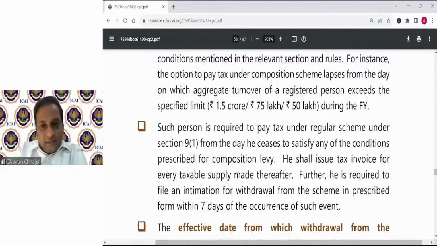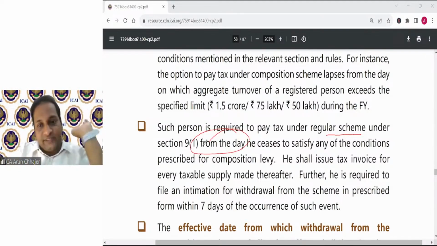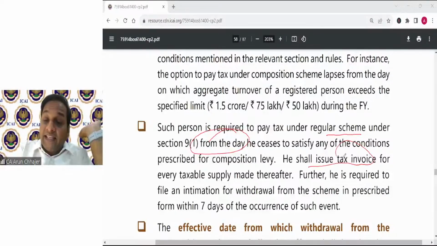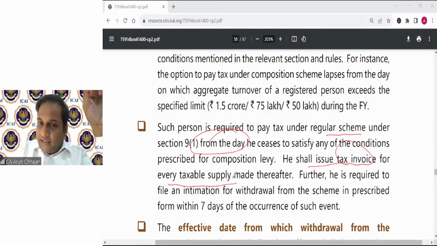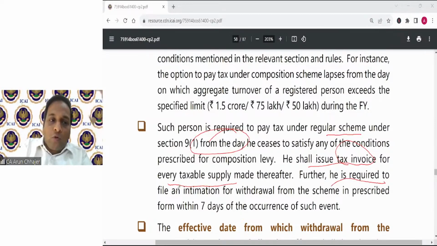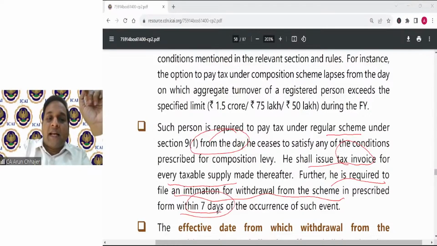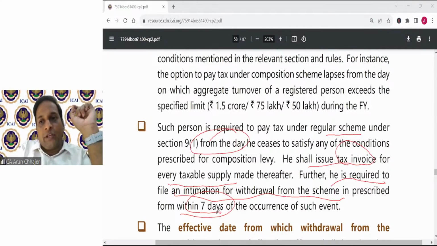Such a person is required to pay the tax under the regular scheme, that is 9(1), from the day itself when he ceased to satisfy any of the provisions, conditions or restrictions prescribed in the section or rules. He shall issue the tax invoice for every taxable supply made thereafter. Further, he is required to file an intimation for withdrawal from the scheme in the prescribed form within 7 days of the occurrence of that event.